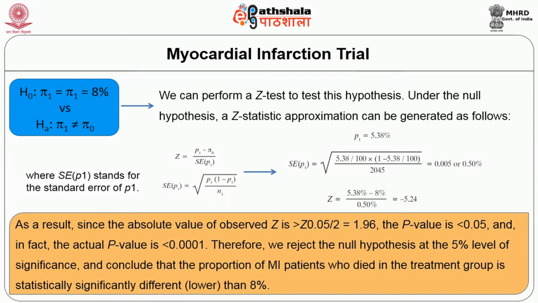Standard error of the prevalence or proportion is calculated by using the formula: standard error of P1 is equal to the square root of P1 into 1 minus P1, where 1 minus P1 is also called Q. That means that if 50% have the disease, another 50% are normal, which we call P is equal to 1 minus Q. If normals are 50%, Q is equal to 1 minus P. That is the relation we have between the normals and the diseased people, or the prevalence of the particular disease and the normal people.